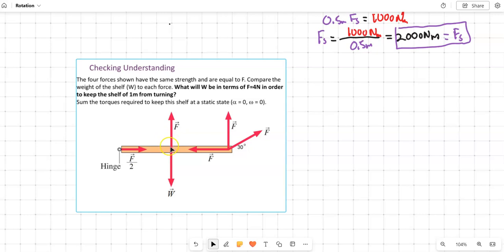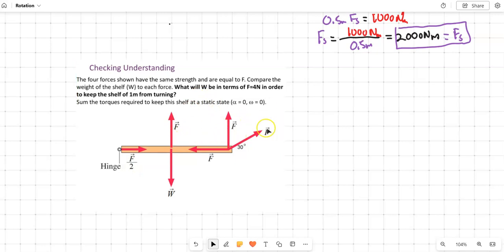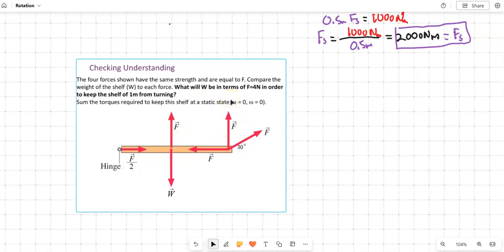And let's say there are a couple of strings attached all over the place. There's a force pointed up. There's another force pointed up. There's a force pointed up and to the right at 30 degrees. There's another force pointed to the left. Over here at the hinge, there's a force attached to the hinge. That's F, which is F divided by 2. All 4 of these forces are equal to 4 newtons.